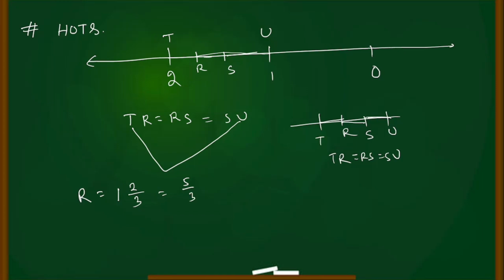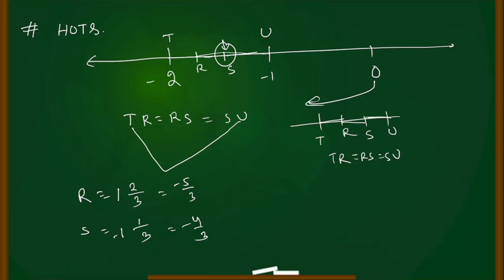Now the question is, write the rational number for S. S is after 1, so we write 1 whole. The numerator is 1 because it is the first line. Sorry, this is minus. So 1 with denominator 3 because there are 3 equal parts. 1 times 3 is 3, plus 1, so minus 4 by 3, because the left side of 0 is negative.